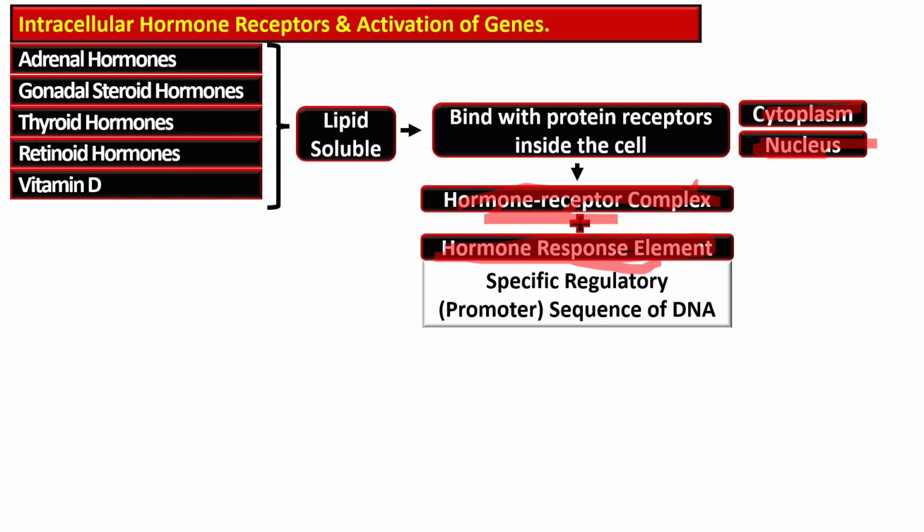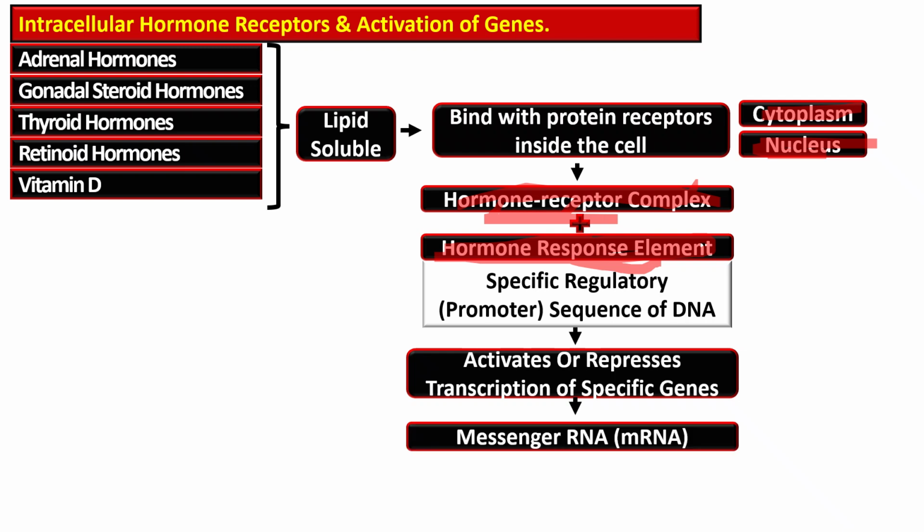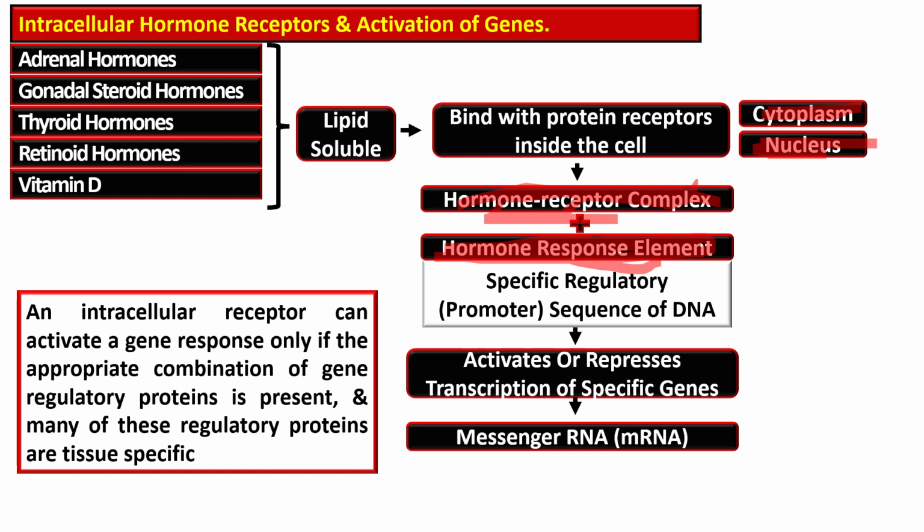This is the specific DNA sequence, regulatory promoter sequence, that is the hormone response element, and this process occurs within the nucleus. This activates or represses the transcription of a specific gene that results in messenger RNA formation, and that results in protein synthesis and altered cellular function.